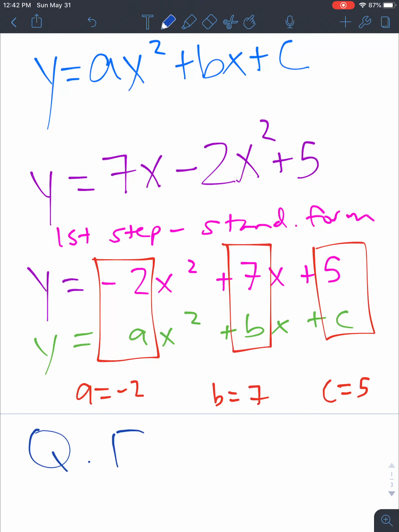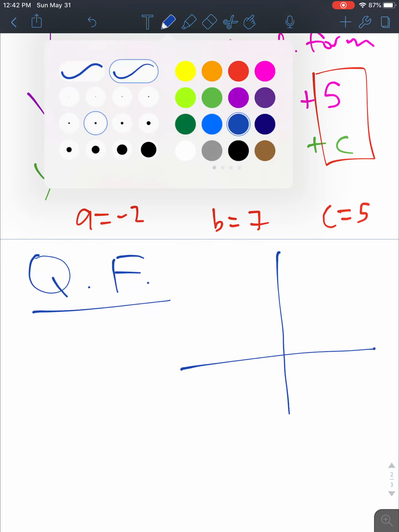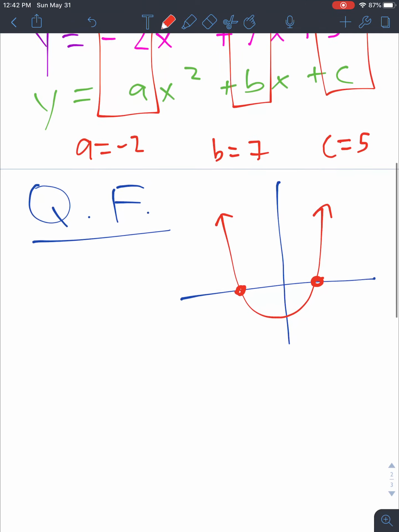All right, so I wanted to review this piece of quadratics first because when we're working with the quadratic formula, which I'm going to abbreviate QF, what you're trying to do is find your x-intercepts, all right? So you're trying to find where your graph, which I have in red, crosses the x-axis. You're trying to find those 2 points, right? Those were your P and Q from intercept form of quadratics from our previous chapter.